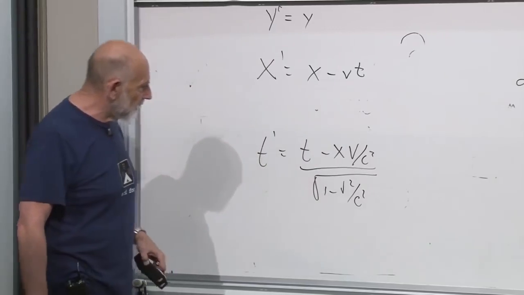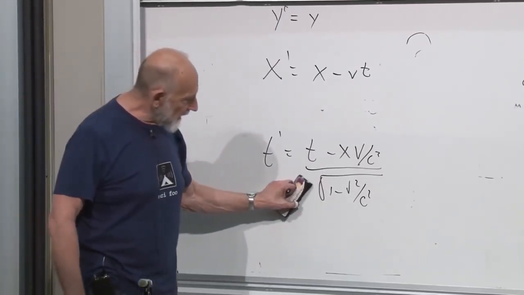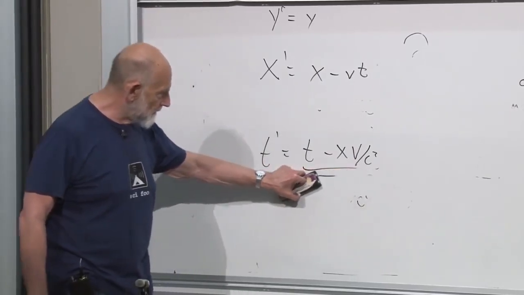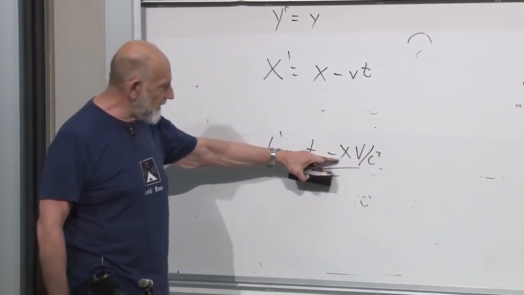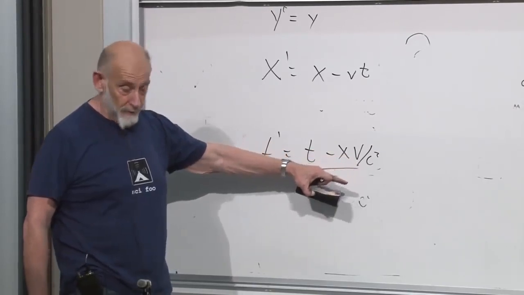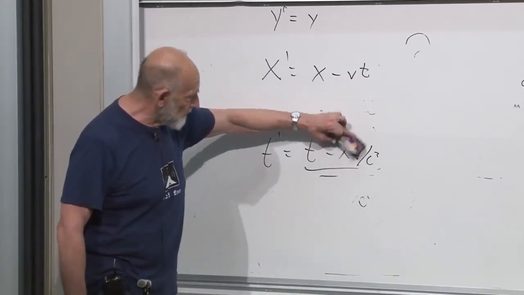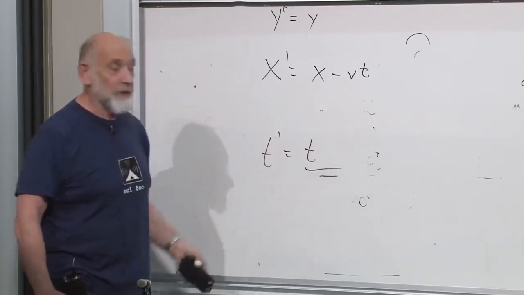What about this one over here? Again, taking c to infinity, this becomes 1. But now we have x times v over c squared. When c goes to infinity, this goes to 0. And it's just t prime equals t.